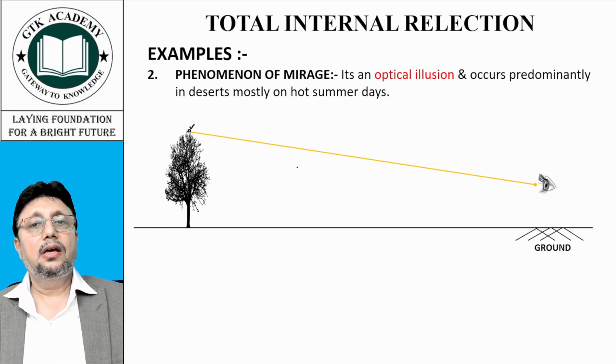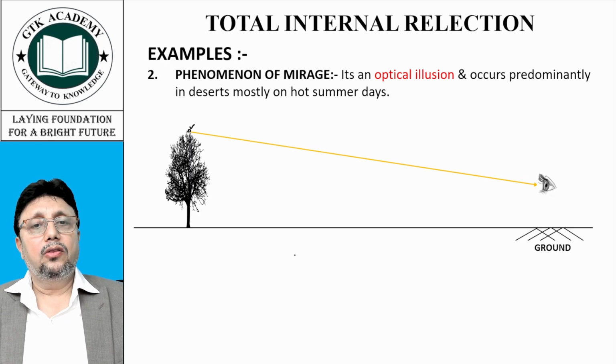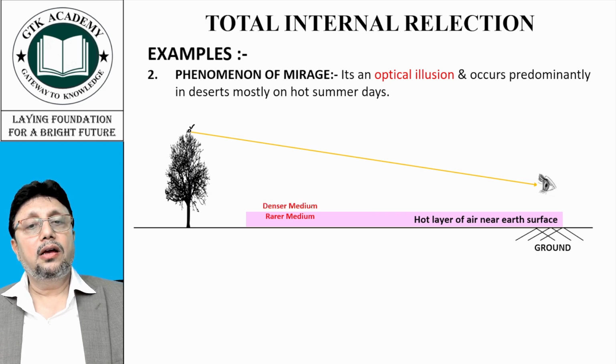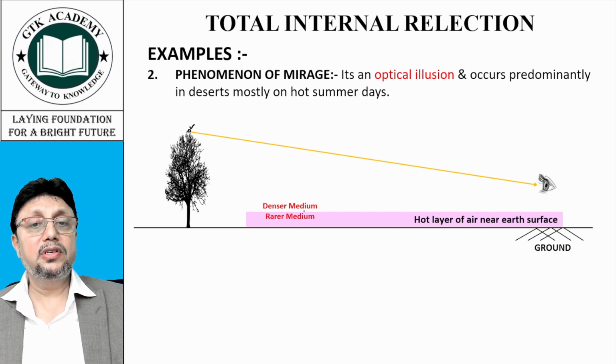What happens? The layer which is near the earth becomes very hot because the ground is very hot. So this becomes rarer medium, and over and above that layer is a denser medium, because the layer above is not that hot.